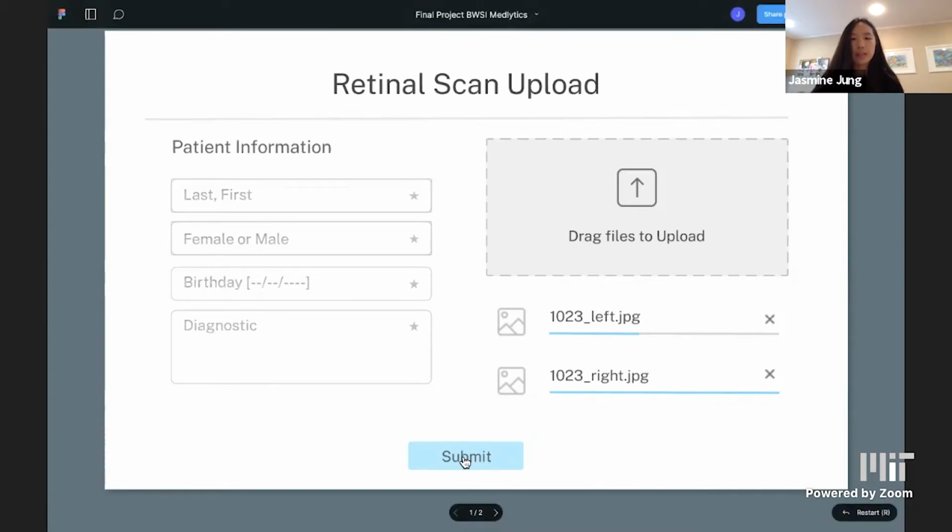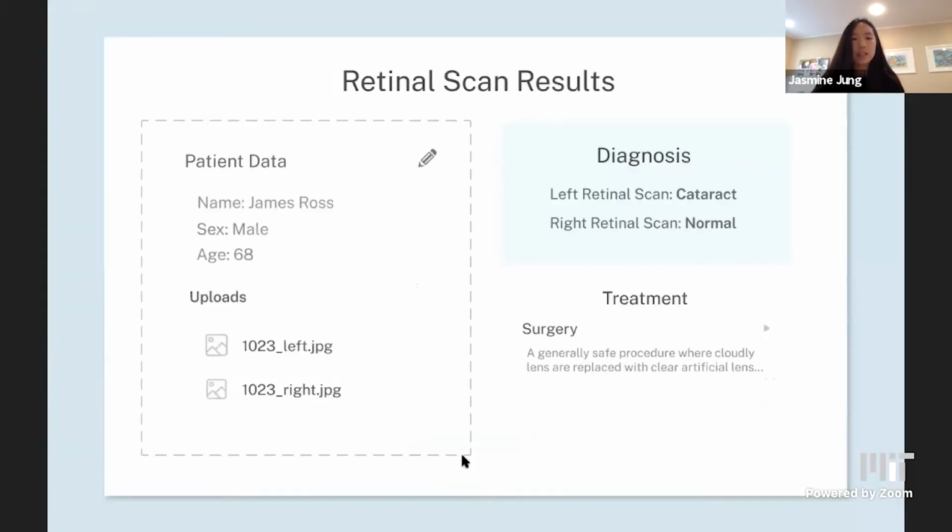After submitting, they will be taken to a results page where they can view the patient data and edit as needed. As an example, we have James Ross, who is a male age 68, who had a right retinal scan result of cataracts and a left retinal scan result of normal. Our website also provides treatment options below the diagnosis.